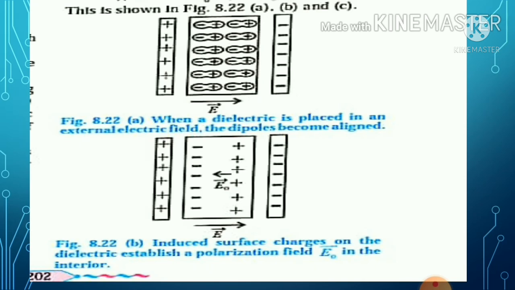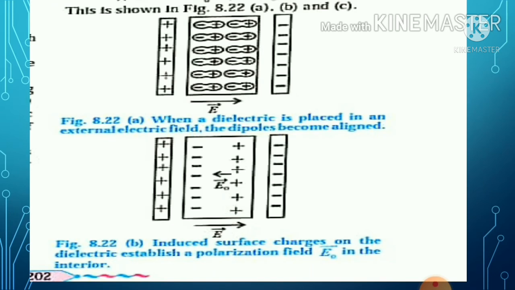In figure 8.22a, when a dielectric is placed in an external electric field E bar, the dipoles become aligned, that is, positive and negative charges are separated in each and every atom in the dielectric slab.